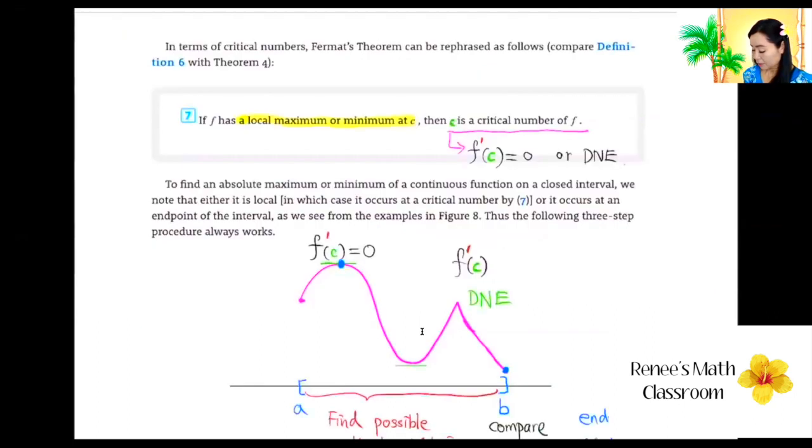Okay, so in terms of critical numbers, Fermat's theorem can be rephrased as follows. If the function f has a local max or local min at c, then c is a critical number of the function, which means that the derivative will be either equal to 0 or does not exist at c.